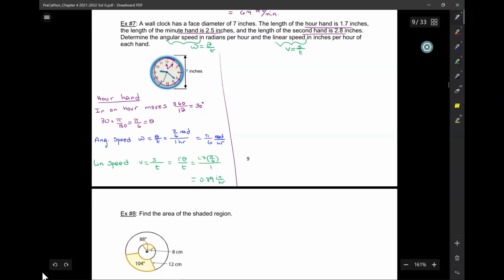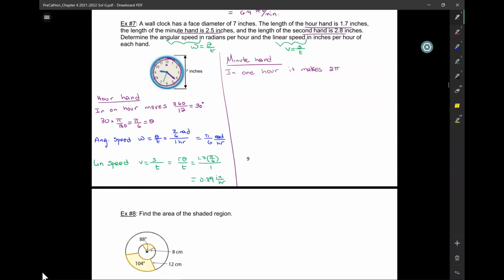Right. So what about for the minute hand? If we go back on the clock, the minute hand, which is this one, in 1 hour goes all the way around the clock and makes an angle of 360 degrees. So in 1 hour it makes 2 pi or 360 degrees.